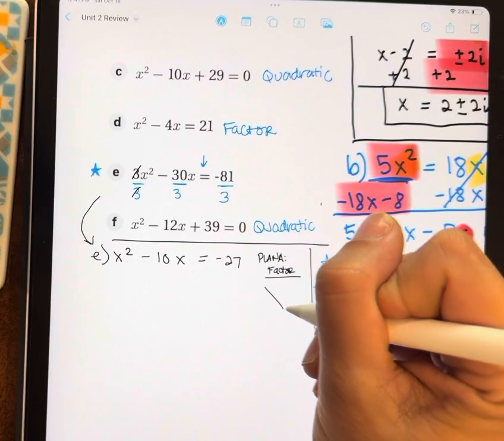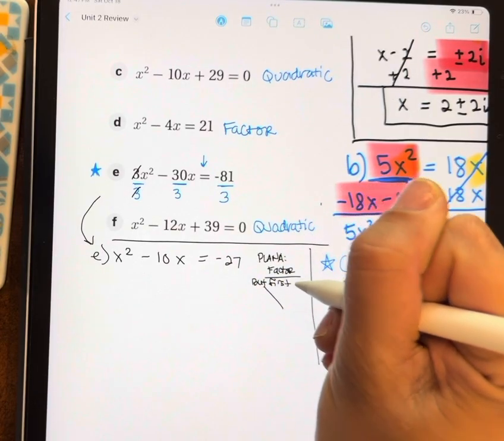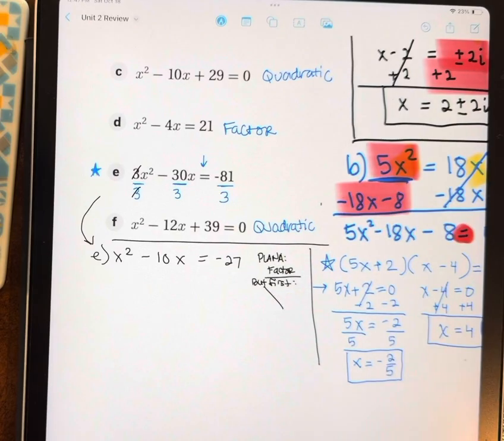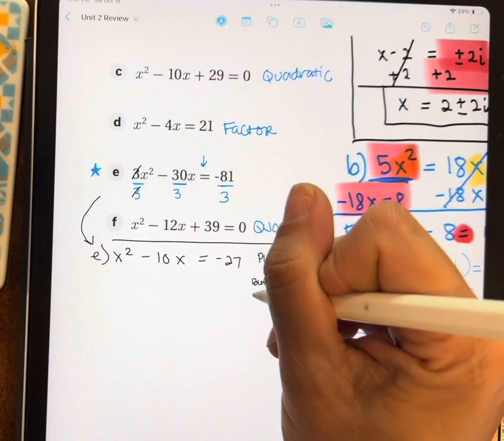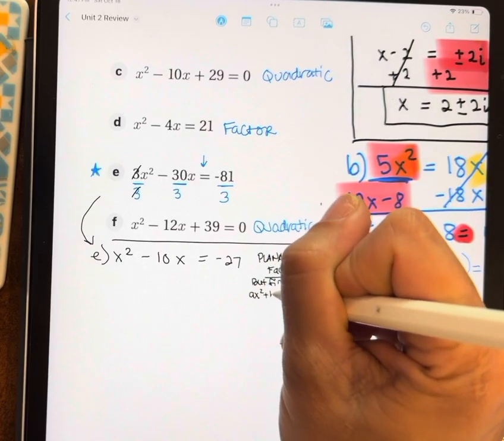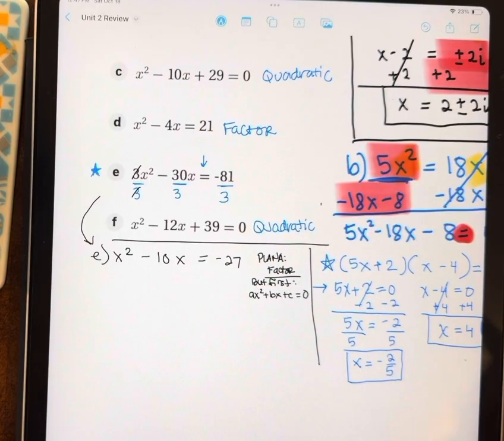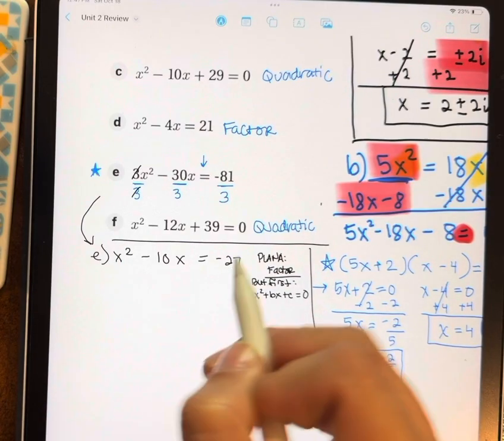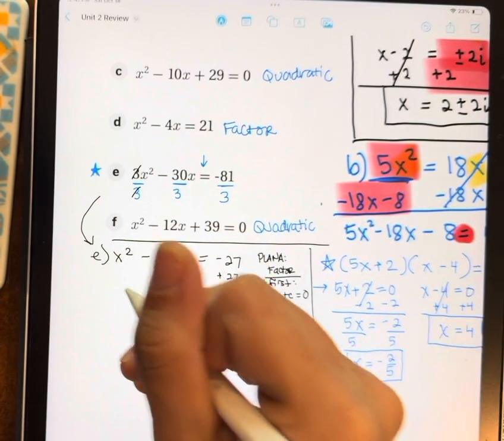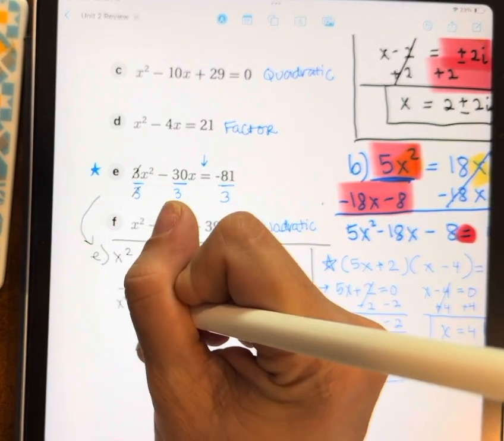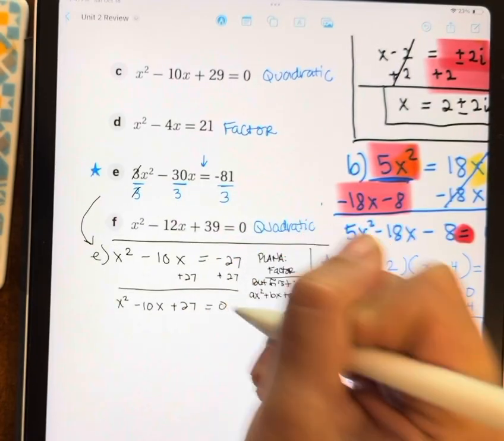But first, this is going to be ax squared plus bx plus c equals 0, and I need it to be that. So looking here, I'm going to add this 27 to both sides and get x squared minus 10x plus 27 equals 0.